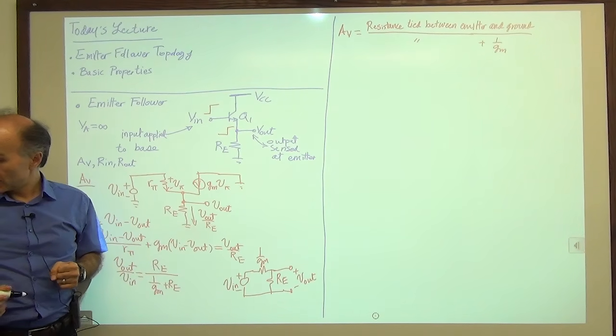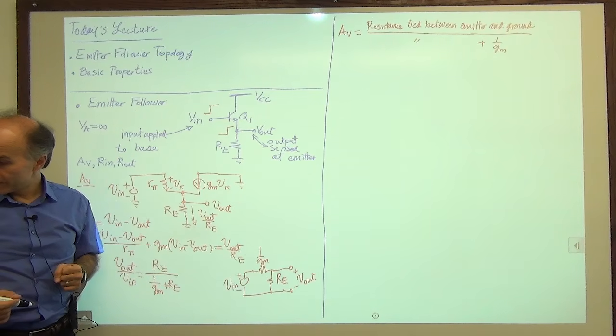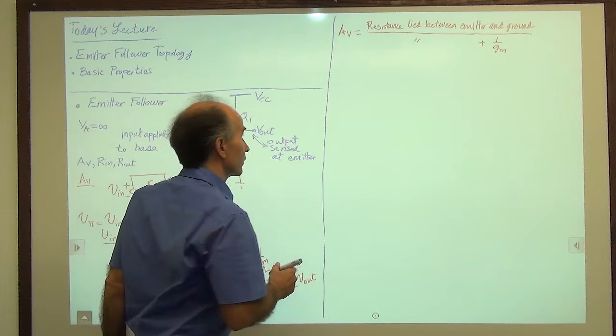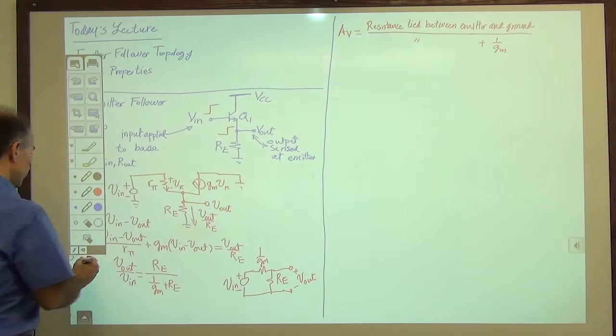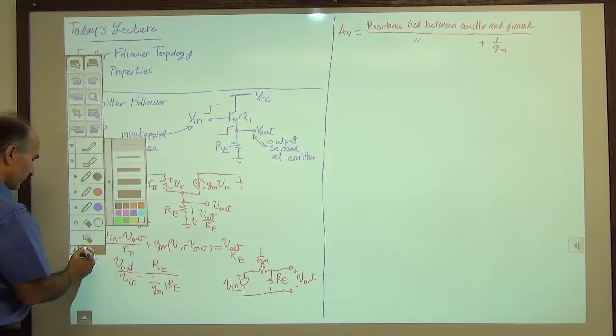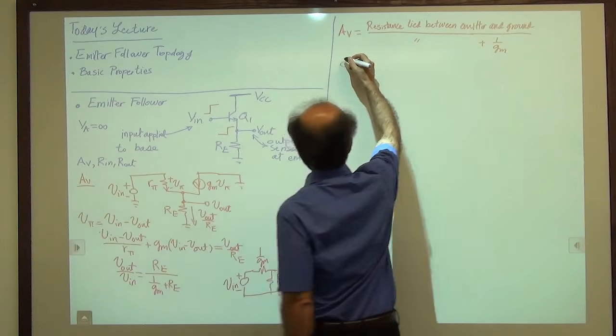Okay, then based on this, I wanted to also ask one question before I go over some examples. So let me try to change the color and pose this question to you.